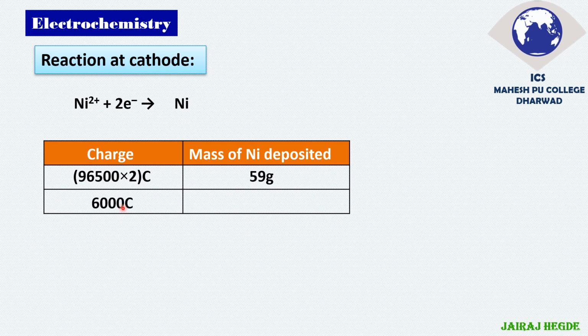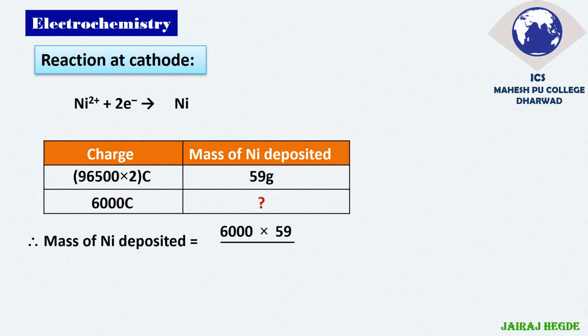What will 6,000 coulomb give? If I cross multiply, I'll get 6,000 into 59 divided by 96,500 into 2. The answer is 1.834 gram.